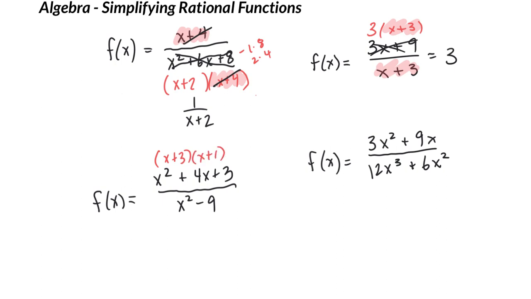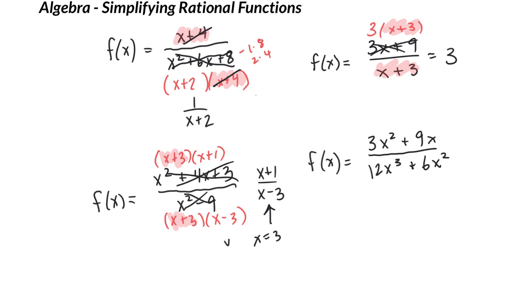And this bottom is the difference of two perfect squares, so we need x plus 3 and x minus 3, and that way it adds up to 0 and we lose that middle term. Well, you look for that common factor. They both have an x plus 3. I would divide that out, and we're left with x plus 1 over x minus 3. So again, 3 would be our vertical asymptote.